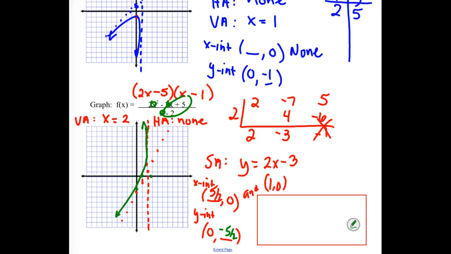And then I am expecting a branch over here. That's another typical graph. Use more points, extend your t-chart, and find some other points if you're not sure.